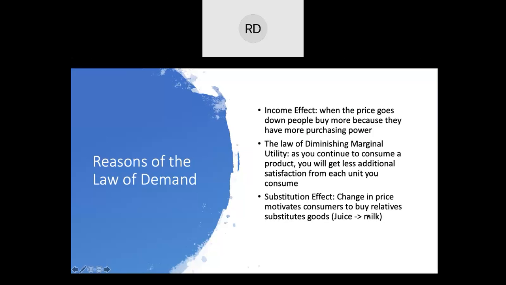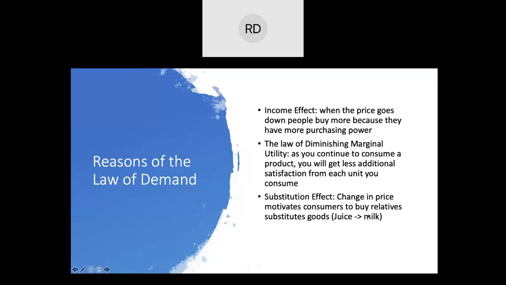Now, let's talk about the third reason, which is the substitution effect. The substitution effect says that a change in price motivates consumers to buy relative substitute goods. And this means that if I have to buy some orange juice and the price is $5, let's say even more, let's say the price is $10.